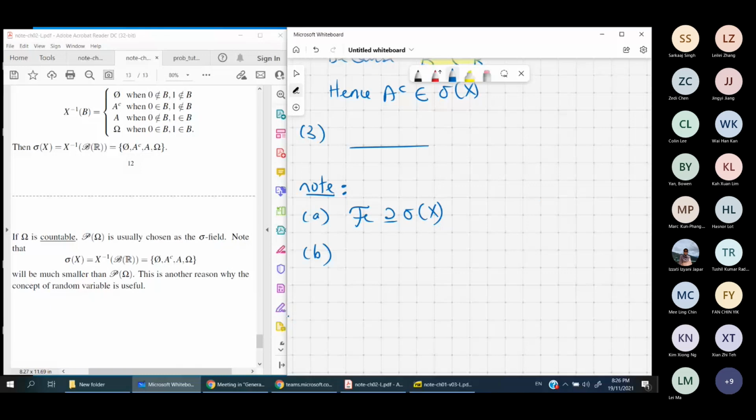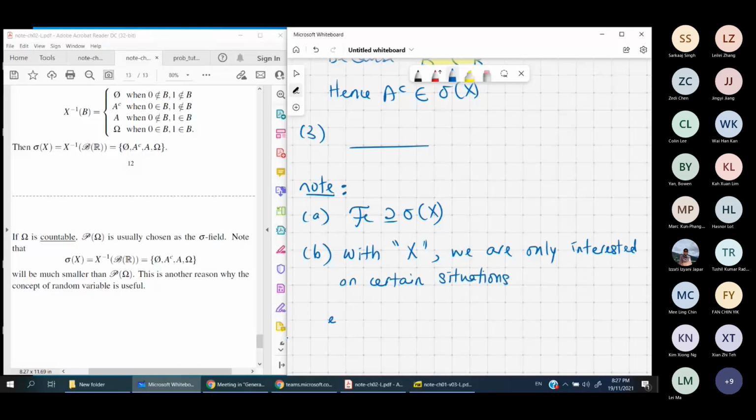So why do we want to study this sigma X? The reason is that when we look at one random variable X, we are only interested in certain cases, maybe certain situations only.